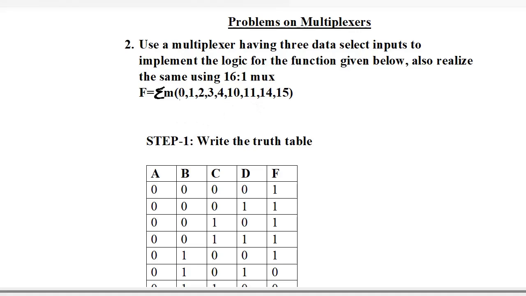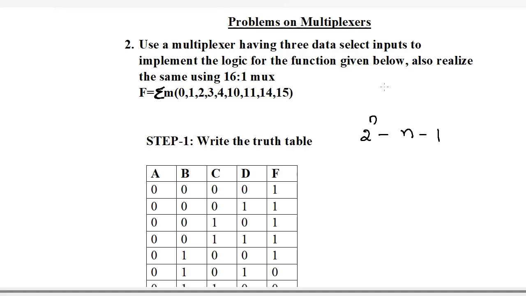And the first question is we have to implement this 16x1 multiplexer function into 8x1 multiplexer. Any multiplexer has 2 power n inputs with n selected lines, and only one output.